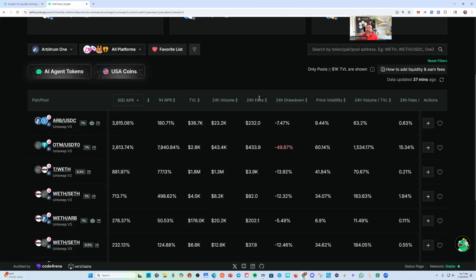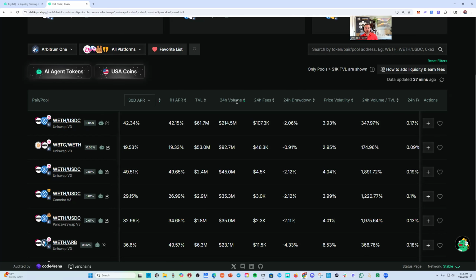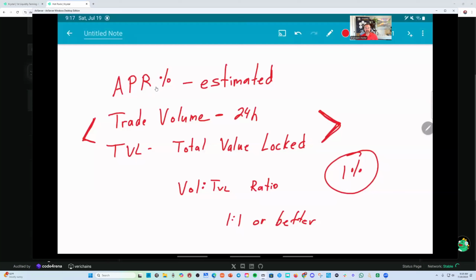Instead, to begin my search, this is like a research phase, I'm going to filter by 24-hour volume. Because what did I just tell you before? We want to take a look at APR, yeah, but trade volume, then the TVL, then the volume to TVL ratio. That's kind of the magic formula.